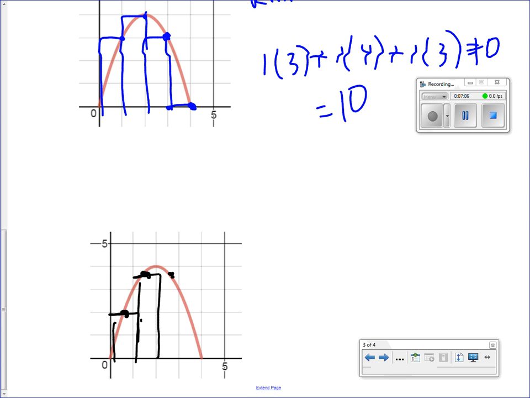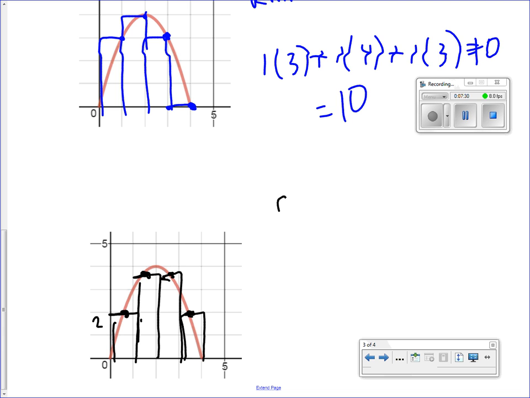The third rectangle will be the same as the second one. And then the fourth one. Okay, so the heights aren't quite as easy to tell. It looks like the height of this is 2, but I'm not sure if it touches exactly. So here's how I can confirm the height of that first rectangle.